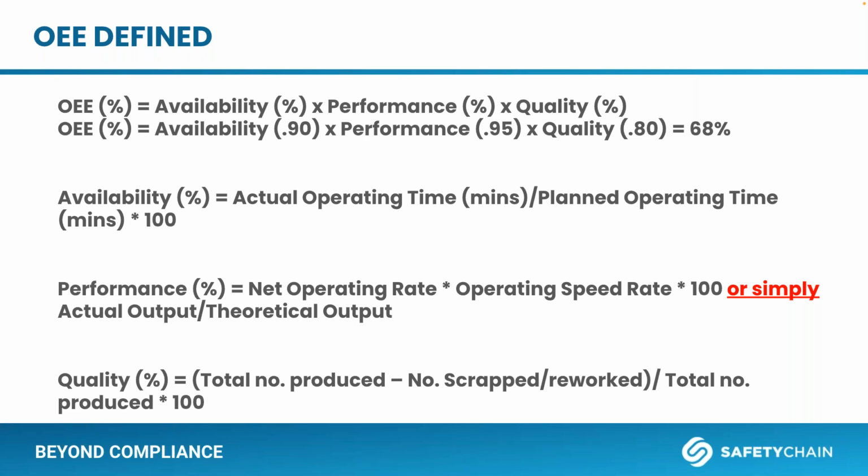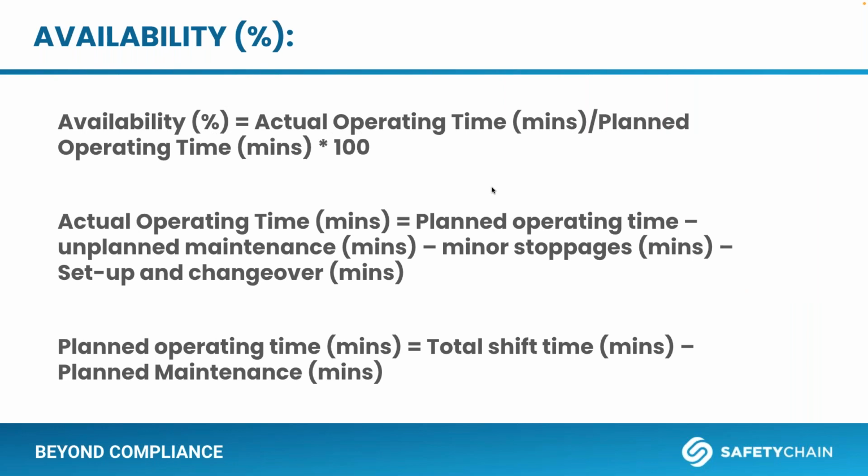And then the final is quality. So what was the total number of units we produced minus the number we scrapped or had to rework, and then that's divided by the total number produced times 100. So that's just a high-level definition of each of those components: availability, performance, and quality.